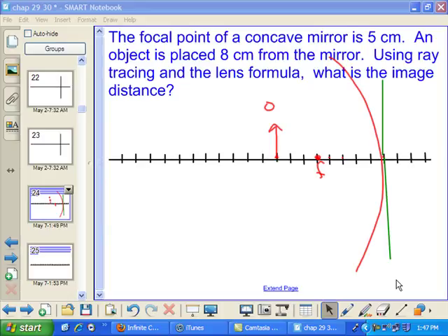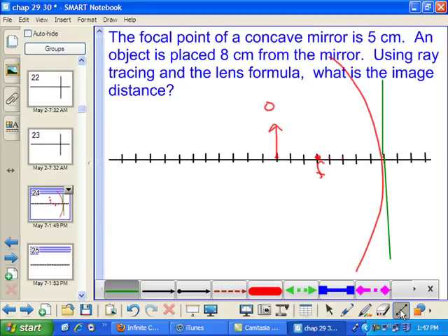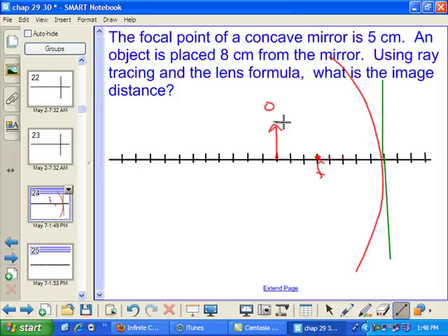So we have our lines. The first line is always drawn parallel to the axis. The black line is the axis. And any line that's parallel to the axis will go through the focal point.